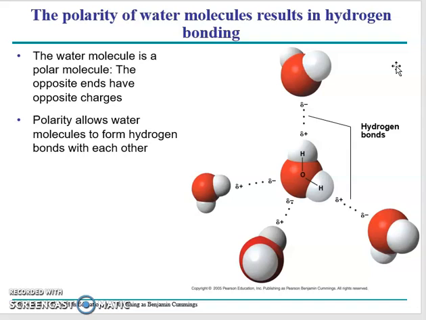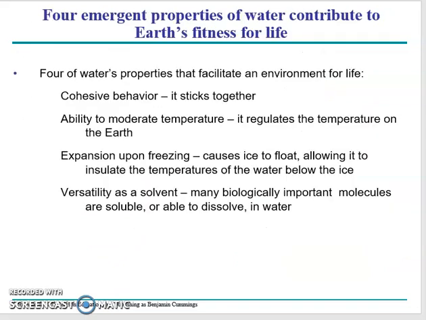This polarity allows water molecules to form hydrogen bonds, these temporary little weak bonds that you see right here, these little dotted lines that go between the positive hydrogen and the negative oxygen. Opposites attract, right? So it's more of an attractive force than it is actually forming a bond or sharing electrons. So that is really important. It actually has a lot of consequences for life.